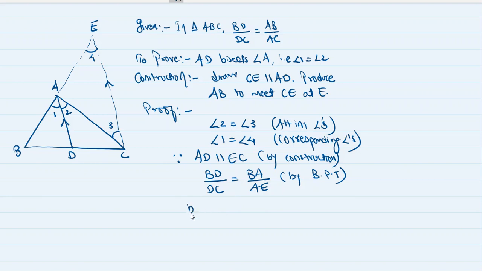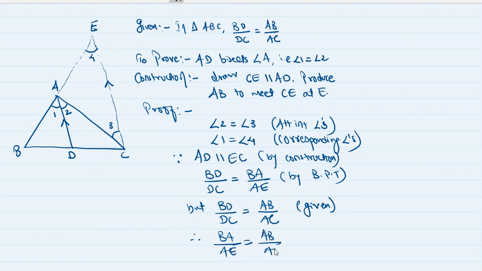Okay, but we know that BD upon DC is equal to AB upon AC, which is given to us. BD upon DC is equal to AB upon AC, and therefore we can say that BA upon AE is equal to AB upon AC. When BA and AB cancel, AE is equal to AC.